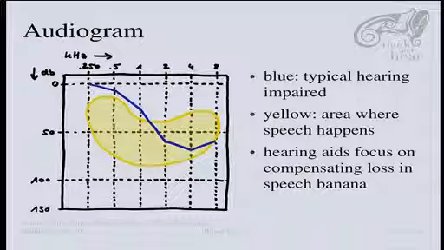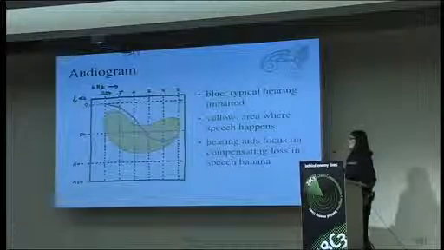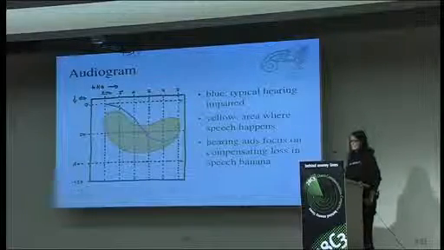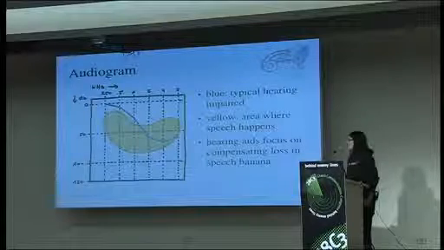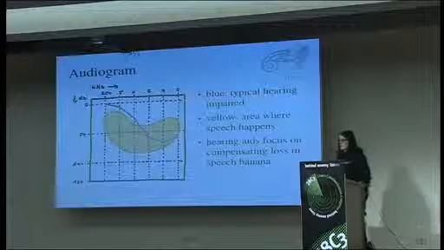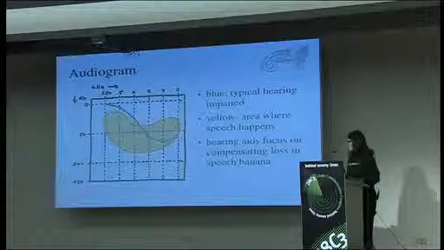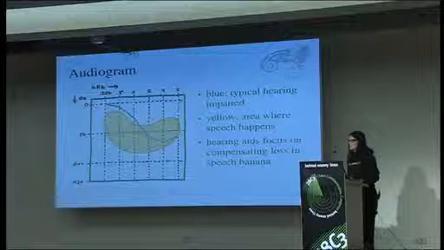And this is the area where hearing aids aim, because they are used to make you understand speech again, so they focus on this area. And you can see at the blue line here that half of the banana is cut off, and this is the high frequencies, which in speech are the consonants like S and F, for example. The vowels are usually understood quite well.